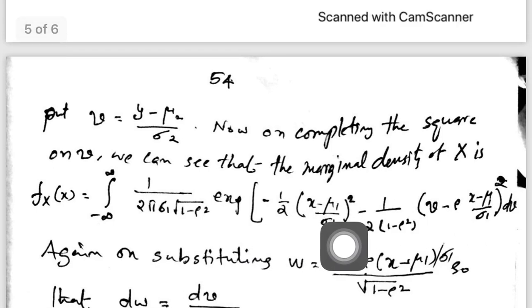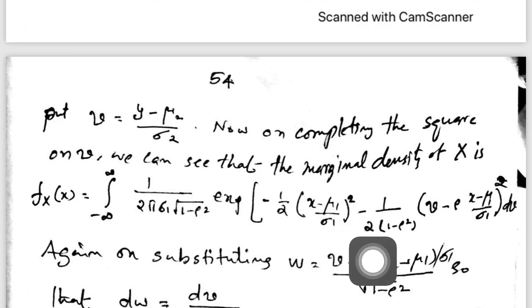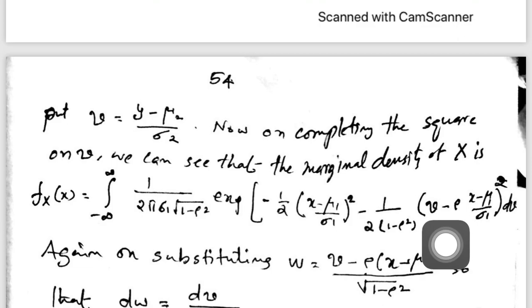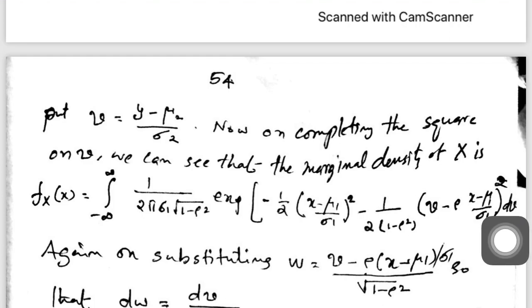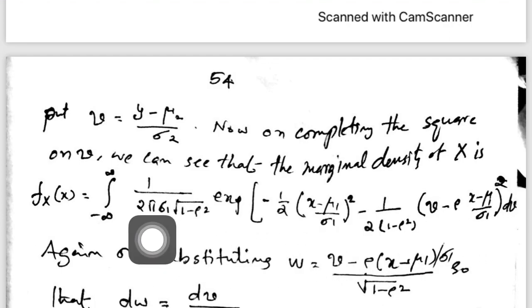And you can see that this is equal to e to the power of minus 1 by 2 into ((x minus mu 1) by sigma 1) square minus 1 by 2 into (1 minus rho square) into (v minus rho into (x minus mu 1) by sigma 1) whole square, dv. And you can see that here you are having 2 pi into sigma 1 only. Sigma 2 disappears.